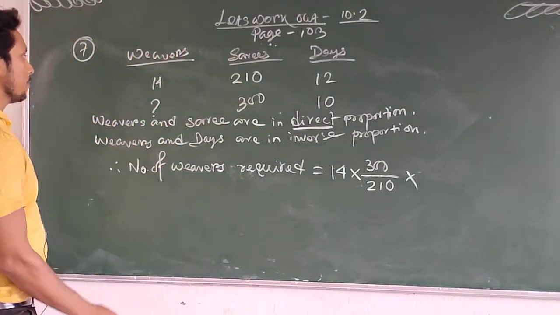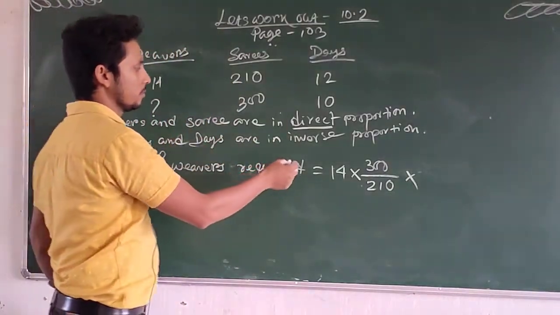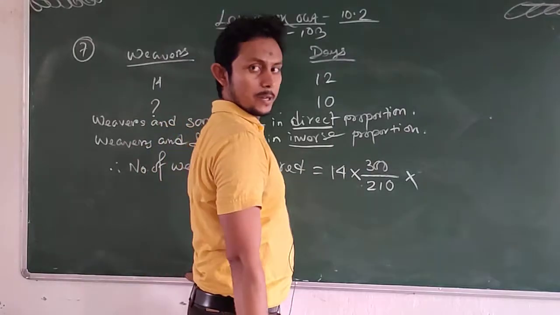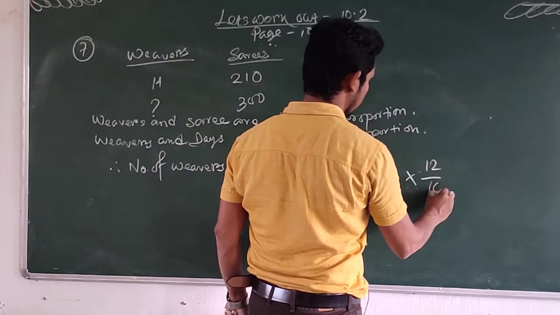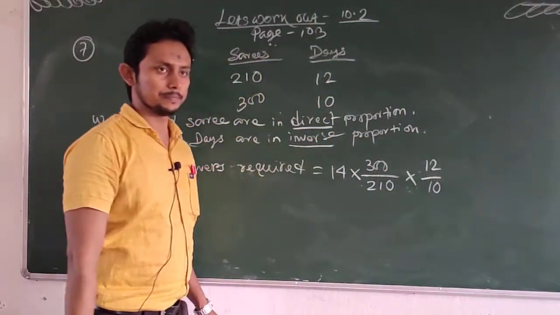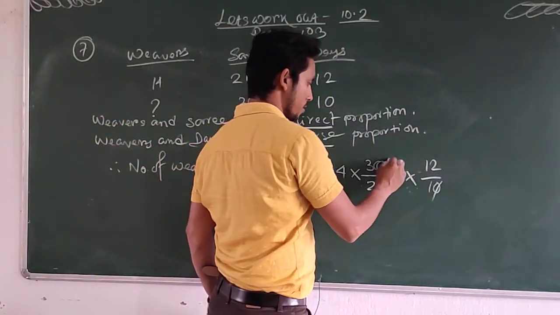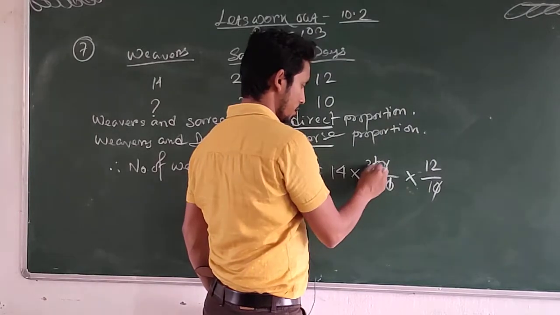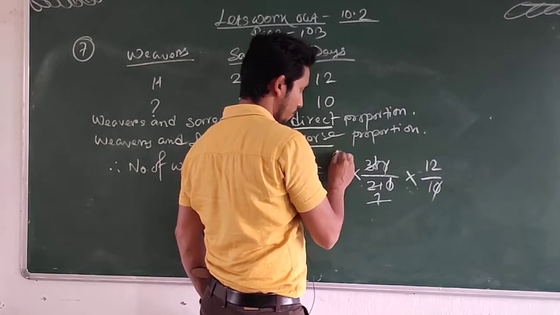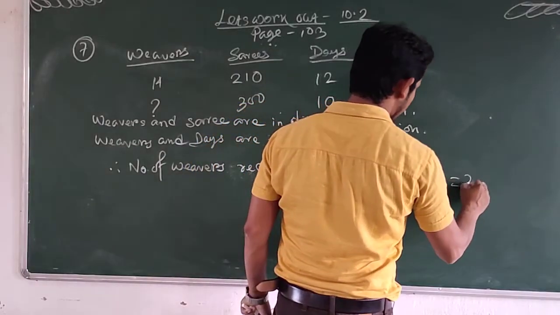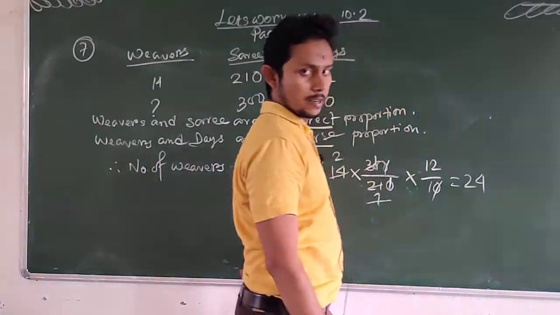Next, there is an inverse relation between weaver and days, so it will be 12 by 10. Now 0 cut and 0 cut, 3 7s are 21, 7 2s are 14. So here 24 weavers are required.